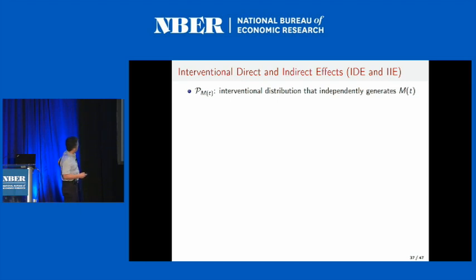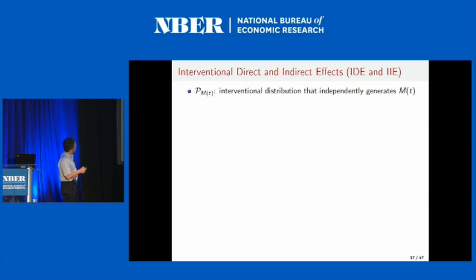Finally, there are other effects people are interested in. I'm not going to go too much into detail, but I'll mention this because recently people have been looking at this quite a bit. Another way is, again, to change the quantity of interest. The problem was that the natural value can be correlated with the potential outcome. So here, what people do is think about an independent draw from some distribution.